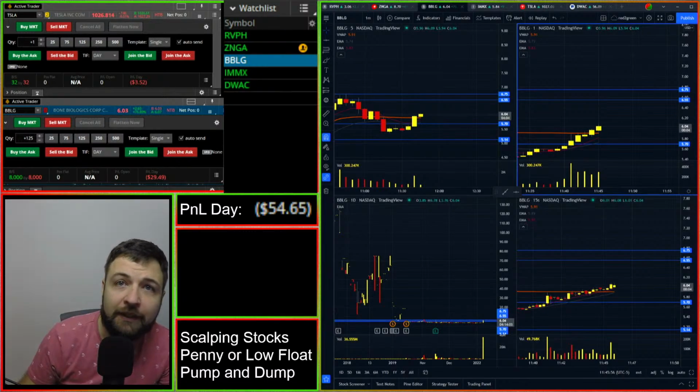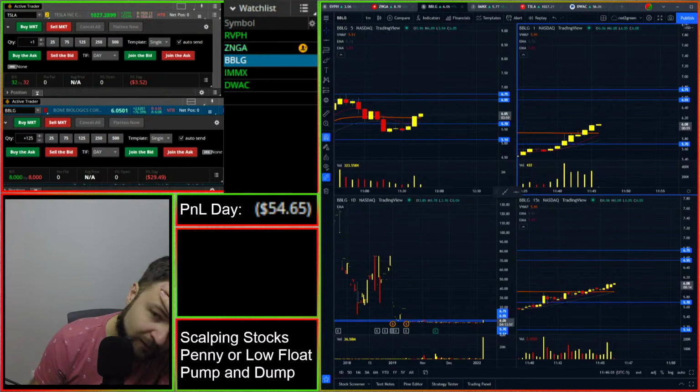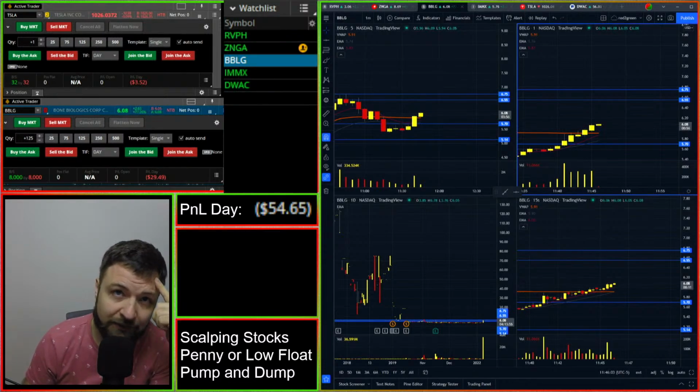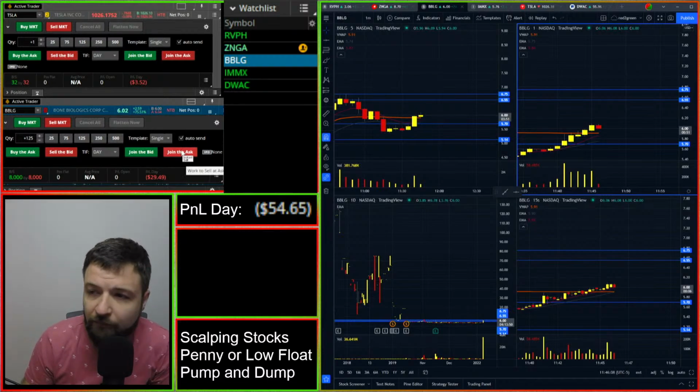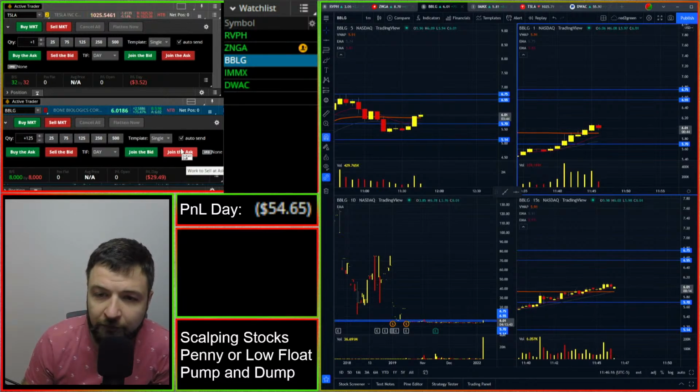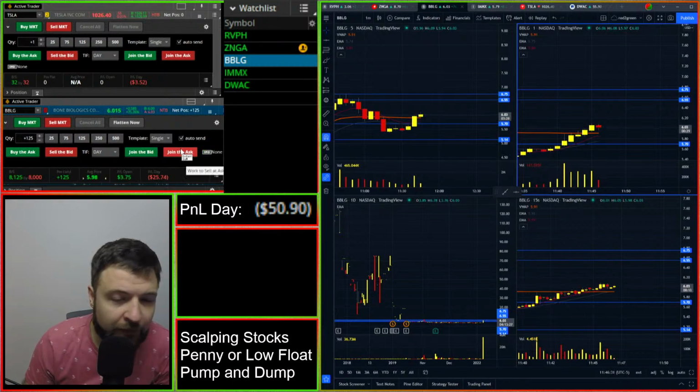I have to admit that my style of trading, it sucks when the market is like this. So 609. We're looking for a pullback here, 1 minute pullback. I want to see some volume coming in. 59, 6, 6. I want to see some green start coming in. I'm in at 98.